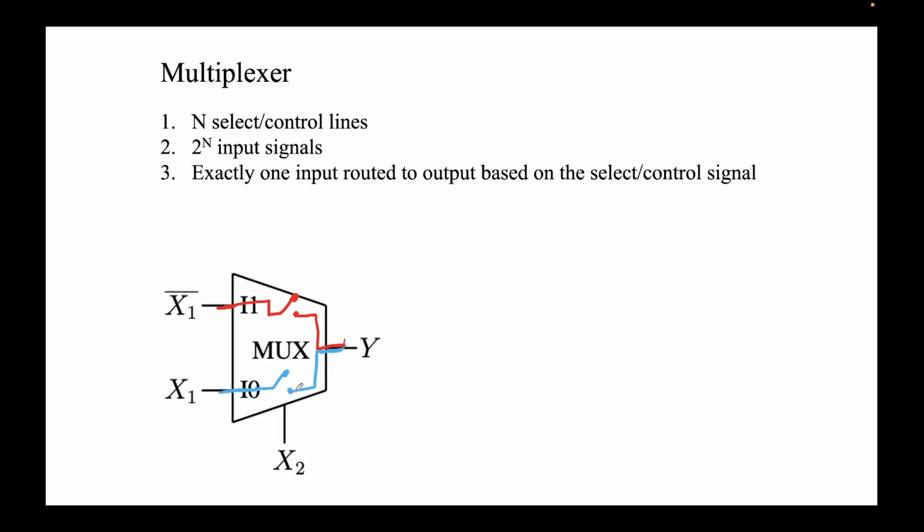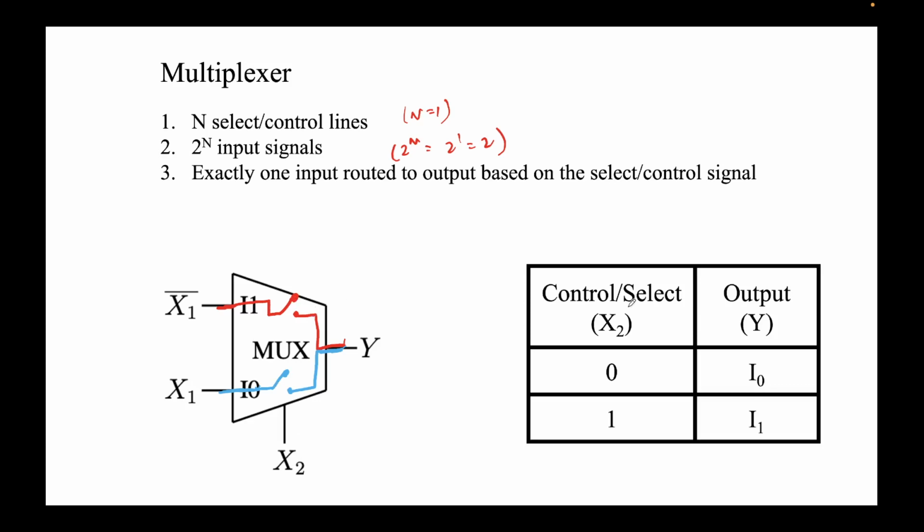If there are n select lines, n in this case is 1, right? So if n equals 1, what is the maximum number of inputs that you can provide? 2 raised to the power n, which is 2. So you can provide a maximum of 2 inputs. Depending on the value of x2, the select line here, either this switch will be closed or this switch will be closed, and this is denoted using this truth table.